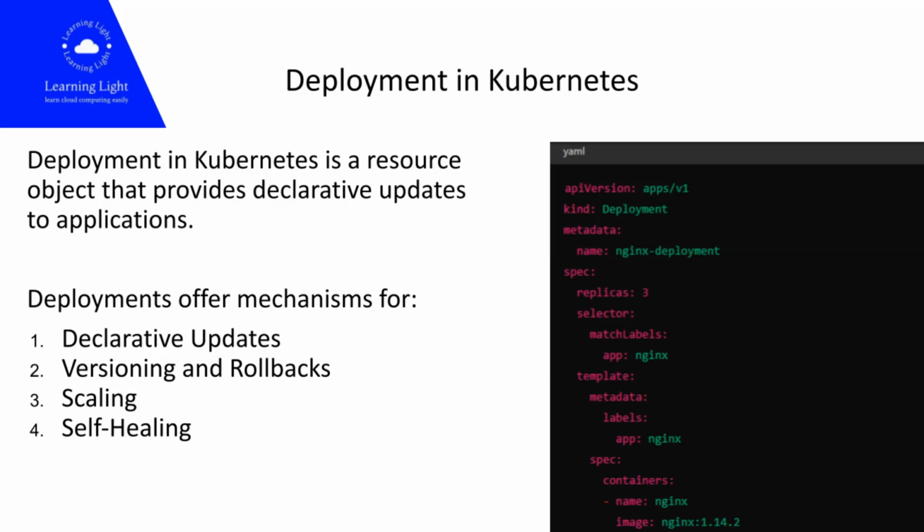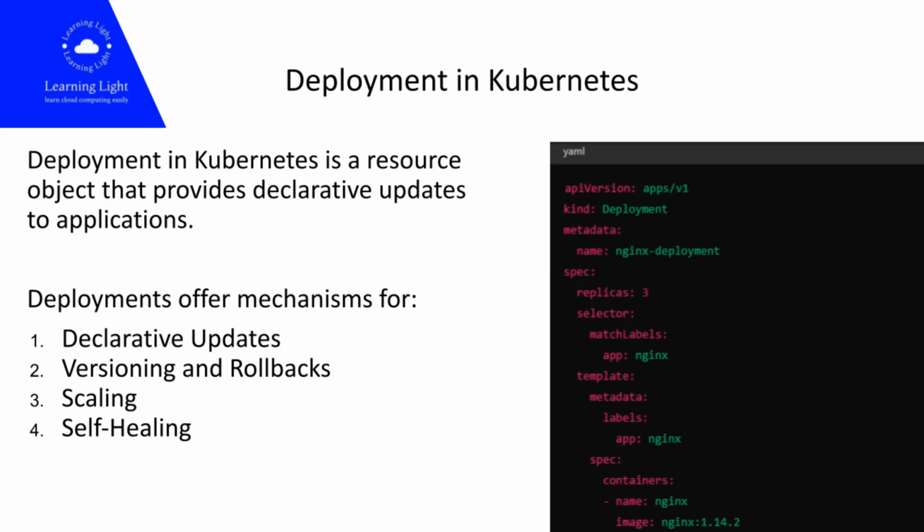It manages the life cycle of applications, allowing for controlled transitions from one state to another while ensuring high availability and scaling of pods. So we can easily scale the number of pods in a matter of a second through this deployment.